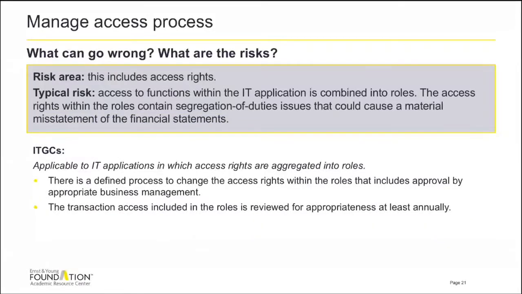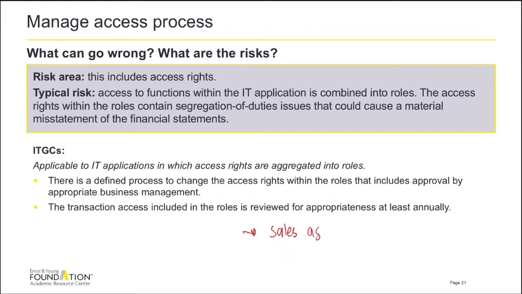So access to functions within the IT application is combined into roles. The access rights within the roles contain SOD issues that could cause a material misstatement to the financial statements. So applicable to IT applications in which access rights are aggregated into roles. So for example, yung mga rights, let's say it's segregated to roles.